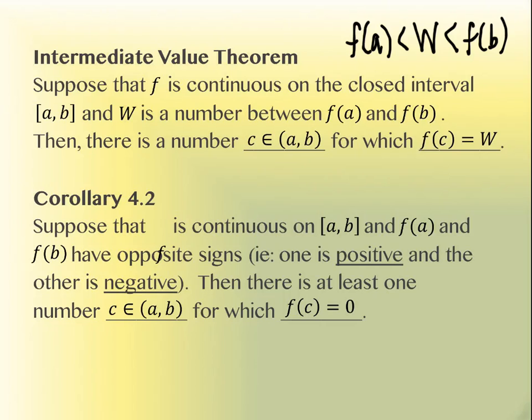Then there has to be an x value that corresponds to that. And visually, you guys know this is true. I'm going to draw a quick picture of what's going on here. Let's say we have a graph.